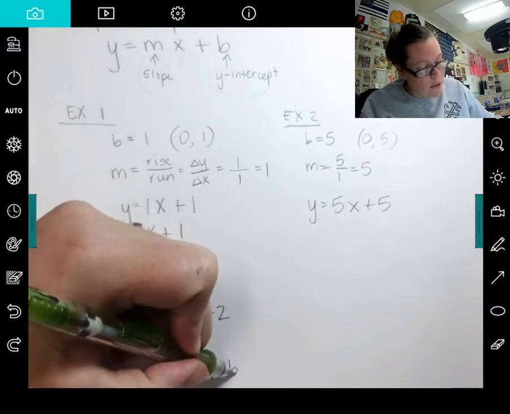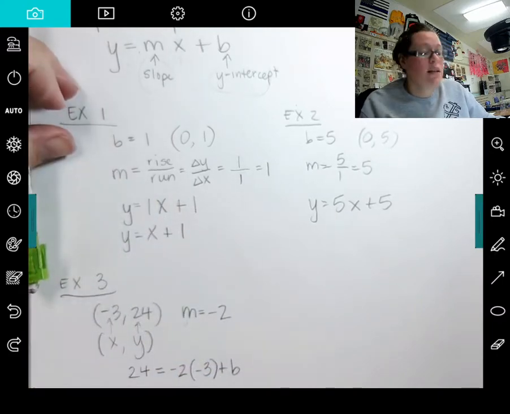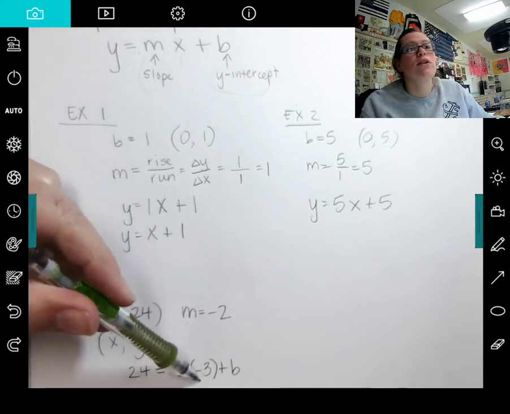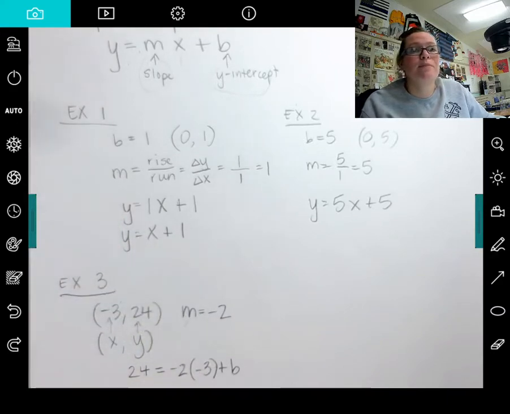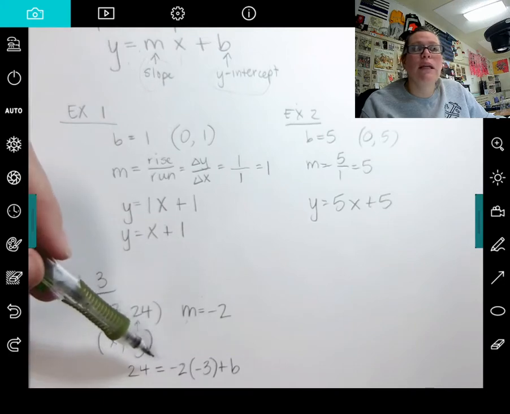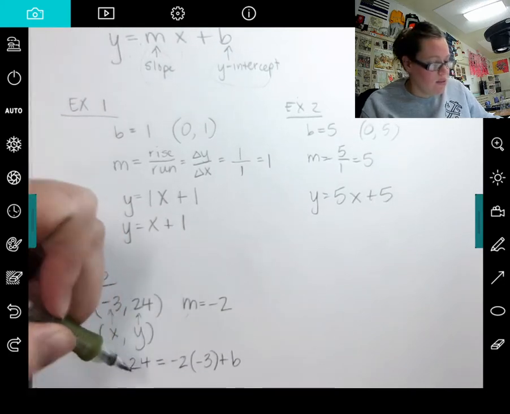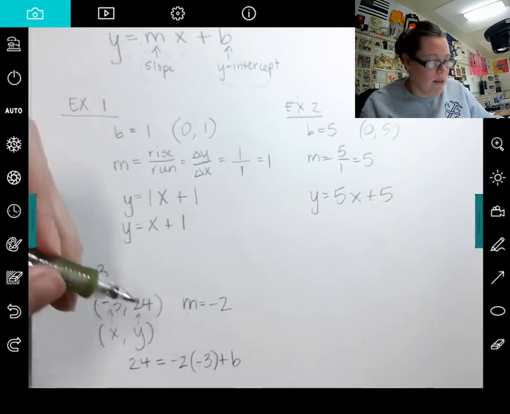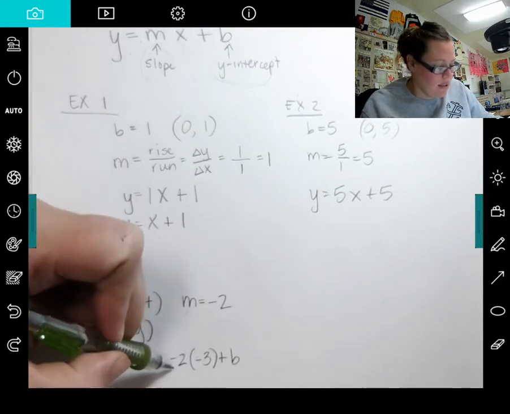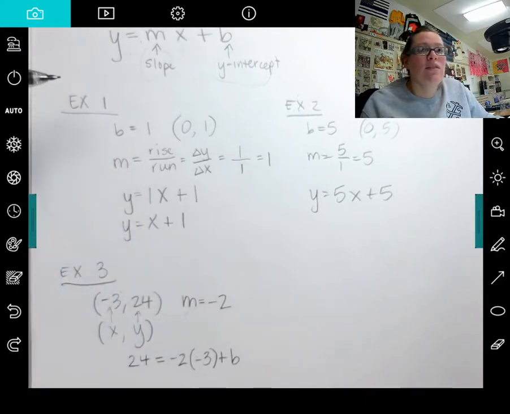And now we are finding the y-intercept. So we were given a point with a slope. We're trying to find the y-intercept. If we start to solve for b, so we want to isolate the variable, get b by itself, we multiply -2 and -3. So when you multiply -2 and -3, what do you get?